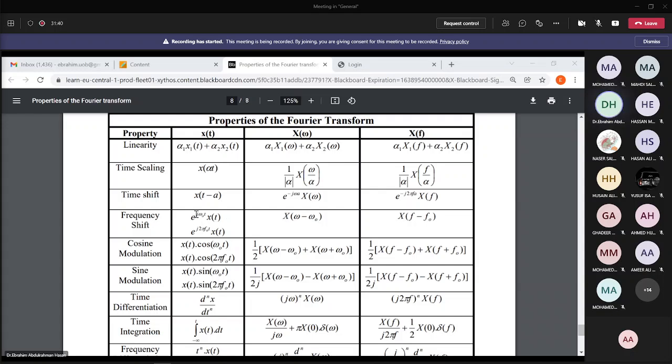Notice, here it is positive, so I will get minus omega. And this one is different than this. Here I got e to the power of minus j omega a x of omega, but here it is e to the power of j omega t multiplied by x of t.